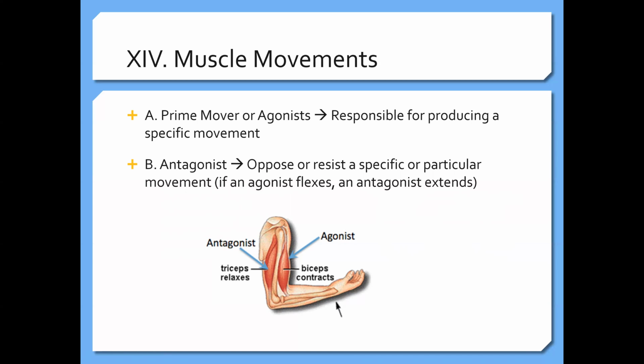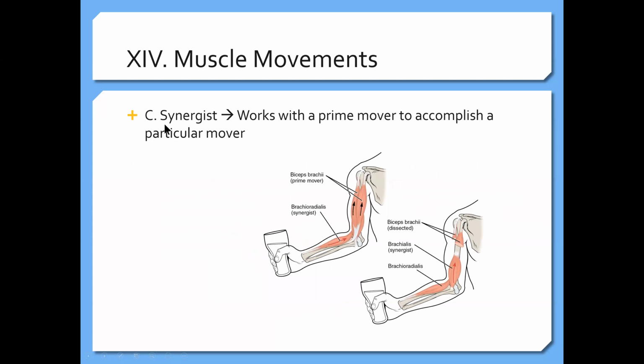That's your agonist, and you have an opposite muscle that's going to relax during that time because it's going to return that joint or body structure back to its original position. And then you have a synergist. Synergy is helping.